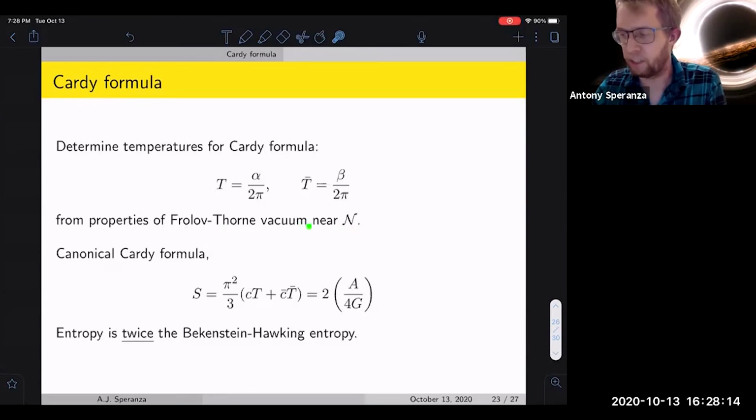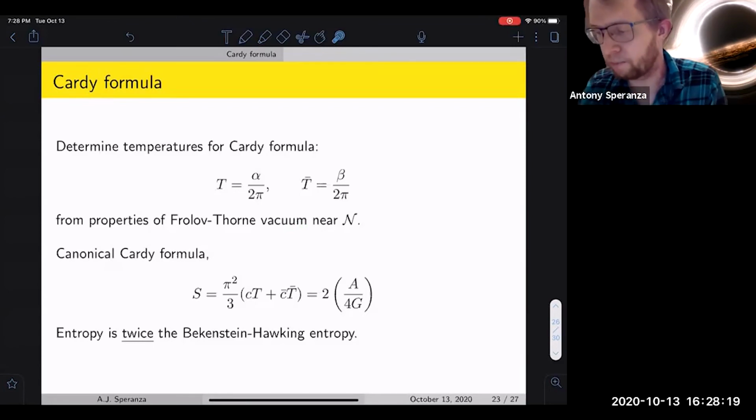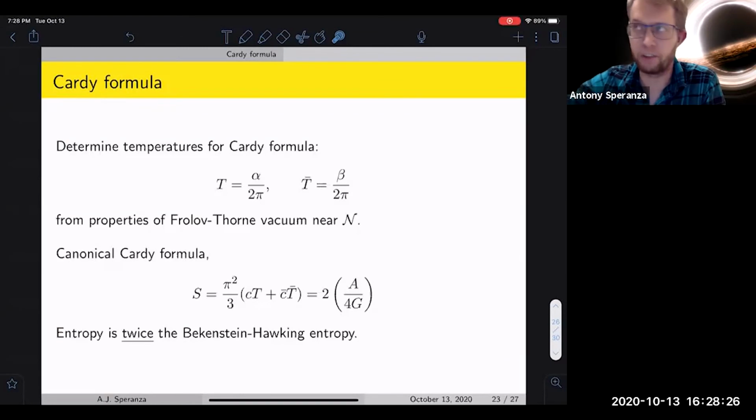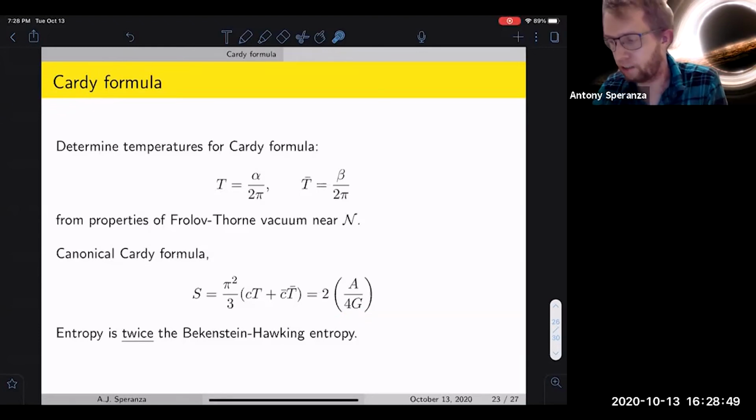This vacuum is thermal with respect to this boost parameter, so it's what you expect the near horizon vacuum to be. When you look at that and decompose into the L0 and L0 bar modes, you identify these parameters as the temperature. Then the canonical Cardy formula, you just apply it: it's C times T times pi squared over 3. And so we come to this surprising result that the algebra and central charges that we compute give twice the entropy of the horizon.